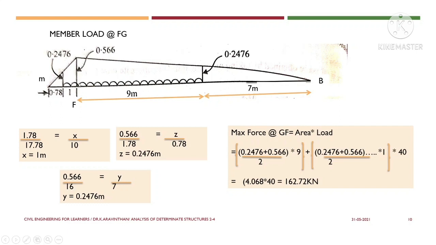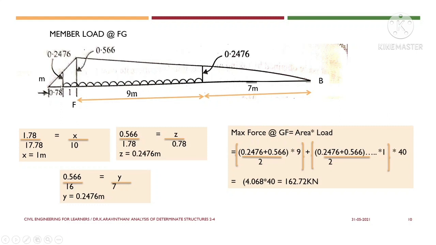After locating this load, you have to find the ordinate. So you know the ordinate at F, you have 0.566. In order to find the ordinate at the end of the load at left hand side and right hand side, you can use the ratio, vertical by horizontal ratio. In left hand side, it is taken as Z. So this is 0.566 vertical divided by 1.78 horizontal.